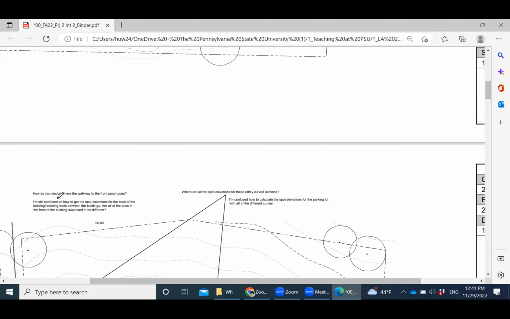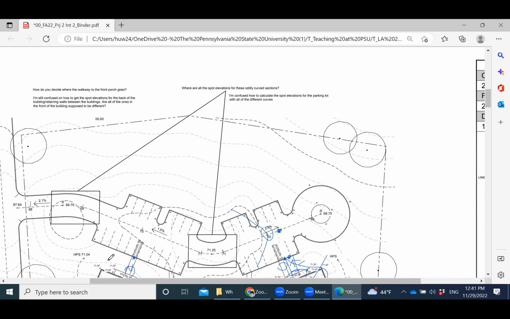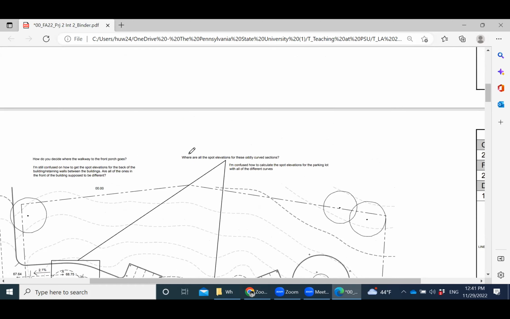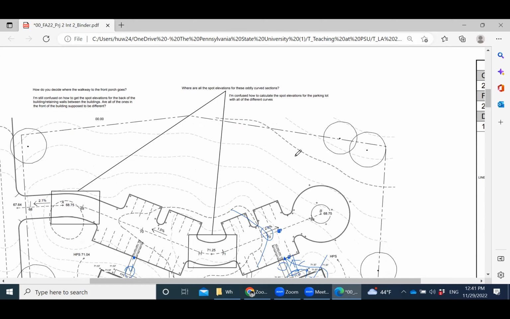Well, I know you had a question about the back of the building retaining wall. Okay, we can take a look at that one once I read through this comment. So how do you look for where spot elevations are needed? You look for wherever there's a tangent point.